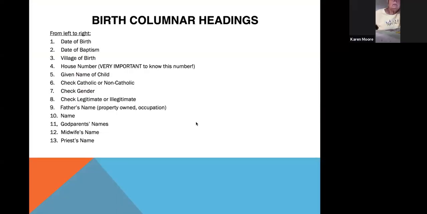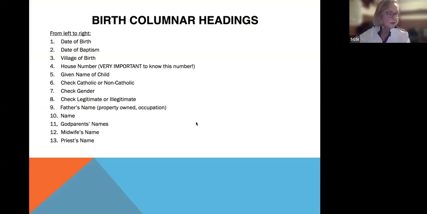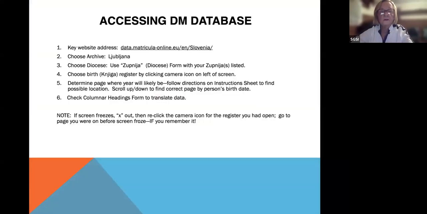Can you go back and explain that the Župnija is not always the village name? Okay, use the Župnija, the diocese. The church is organized just like our civil authorities are, here and in Slovenia too.